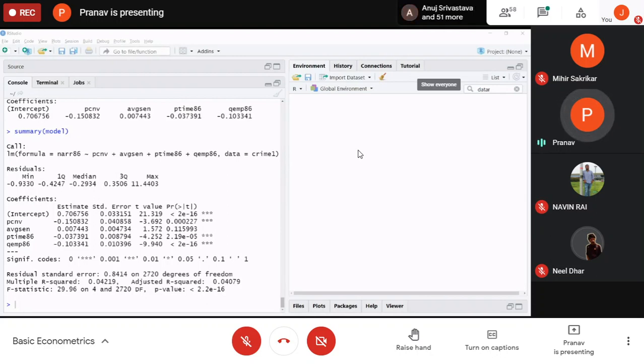So pick any Excel file you have, and load that data set into R, mostly using read.csv. Simply set your working directory, mention the file name, and that's how you import the data set into R.